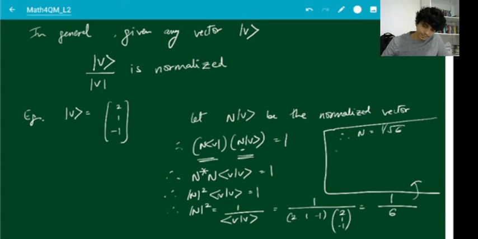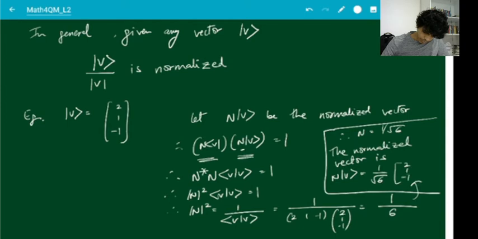In other words, the normalized vector nv is 1 over root 6 times (2, 1, minus 1). Okay, so in general, this is how you will normalize any vector. Good.